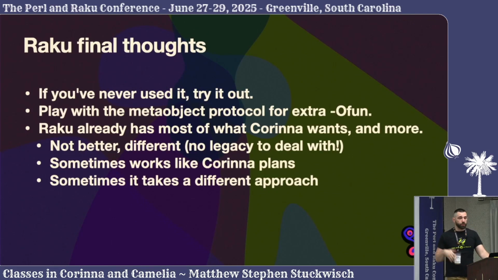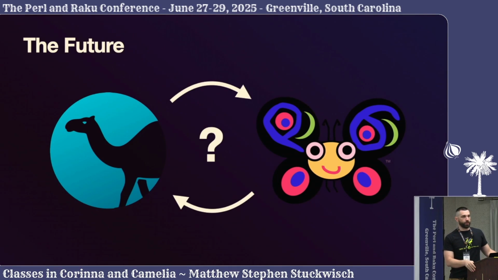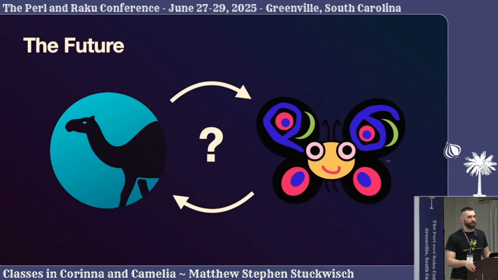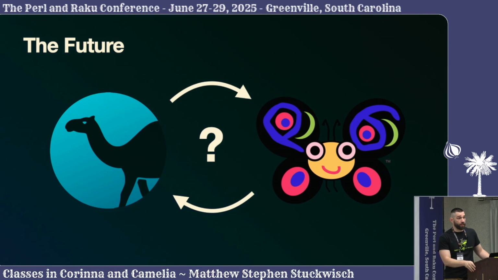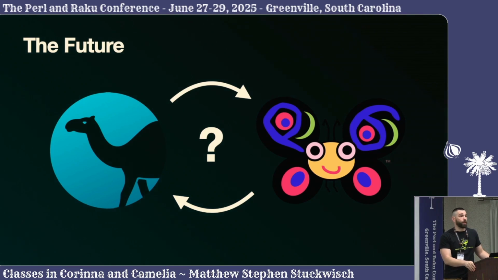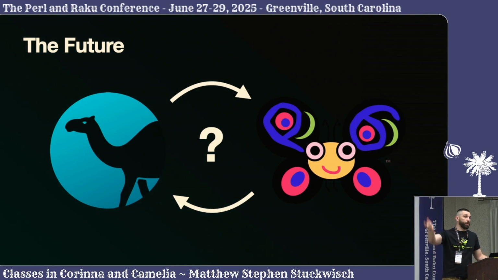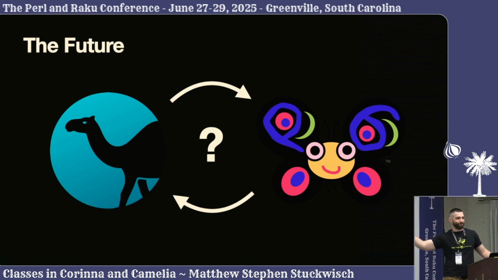And the reason that I mentioned all this here is, what is the future going to be for it? As Corinna is being built out, as Raku is continuing to get developed, we've already been sharing lots of ideas. There's tons of cross-pollination. And so what is that new cross-pollination going to be? Who is going to be doing the next big, as I think Liz Mattijsen called it, the next big steal?